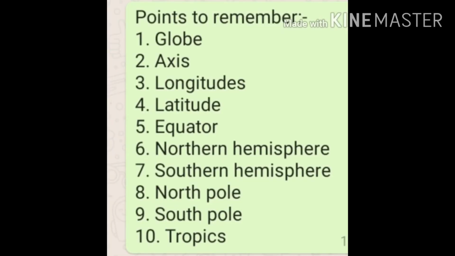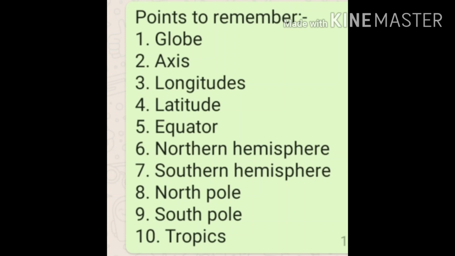We have discussed about globe, the true model of earth, and the axis on which our earth spins. Then we have imaginary lines. The vertical lines are known as longitudes and the horizontal lines on our globe are known as latitudes. Our fifth point is equator. This is our main latitude which divides the earth into two equal parts, northern hemisphere and southern hemisphere.